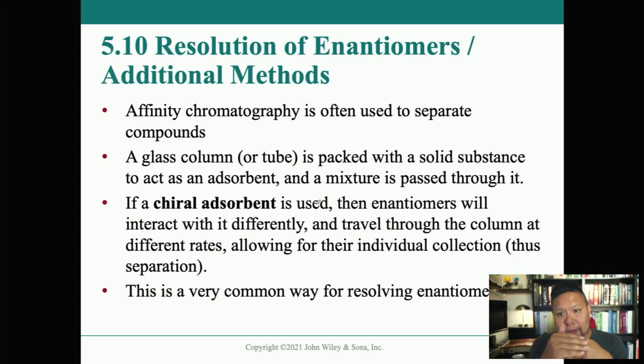The more polar a component is, the more it likes to interact with the stationary phase, the silica gel. So it slows them down, because they're interacting with the silica gel. But other molecules that are not quite as polar will pass through the column faster. Every molecule has a different polarity, and so silica gel is a good way of separating molecules based on polarity. That's a very common way of doing chromatography.